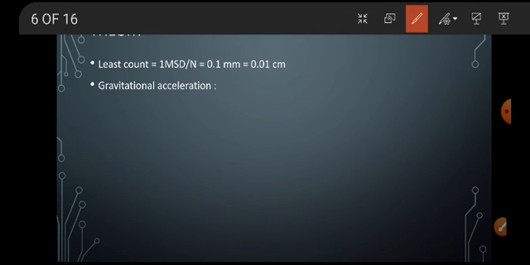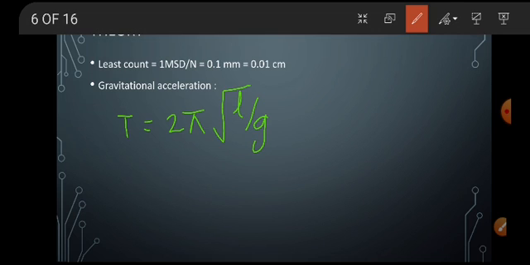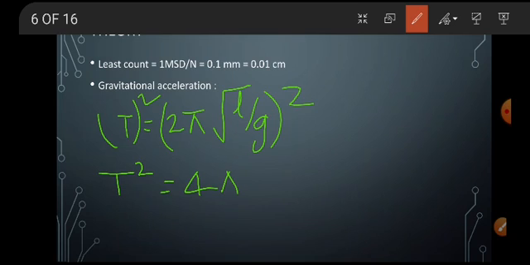From the time period of a simple pendulum, T equals 2 pi under root L by g, where T is the time period, L is the length of the pendulum, and g is the gravitational acceleration. Squaring both sides, T square equals 4 pi square L by g, the square root gets cancelled.